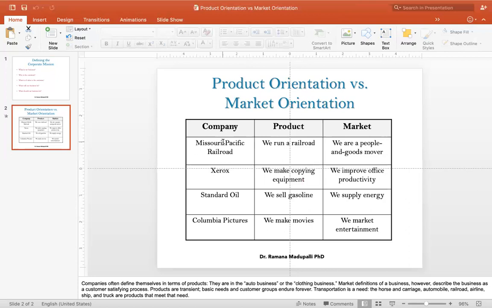Meaning, if I'm in the business of making pens, then I will talk only about the pen. I'm going to write with a pen. My ink will be like this, or it should be priced between $200 to $50, or whatever. Everything will be about the price, about the product.